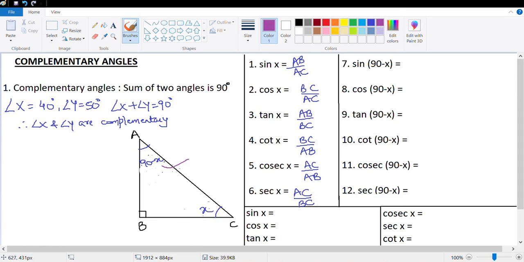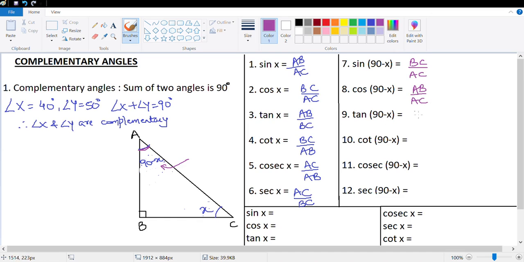Now let's look at a reference angle of 90 minus x, which means we're looking at sine, cos, and the other trigonometrical ratios for angle A. So sine 90 minus x, which means for this reference angle, my perpendicular is BC. So this is BC. Hypotenuse remains the same, which is AC. For cos, the base is AB and the hypotenuse is AC.